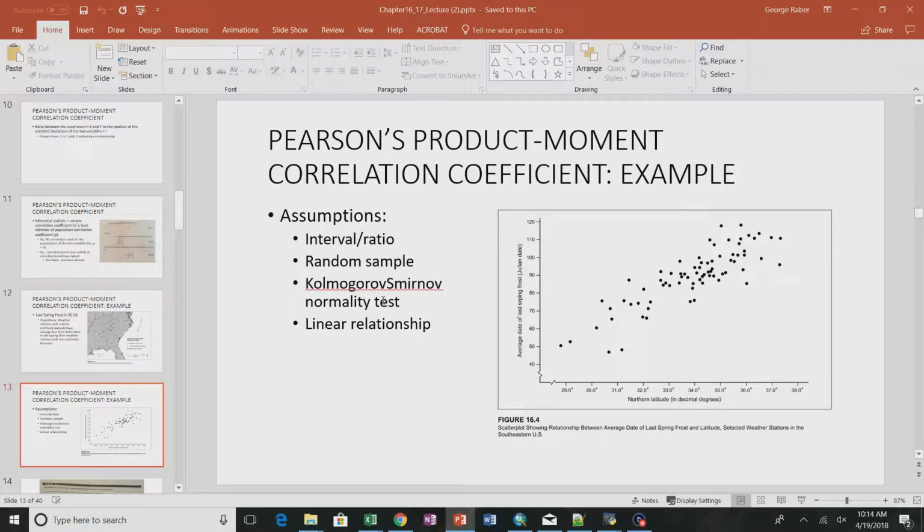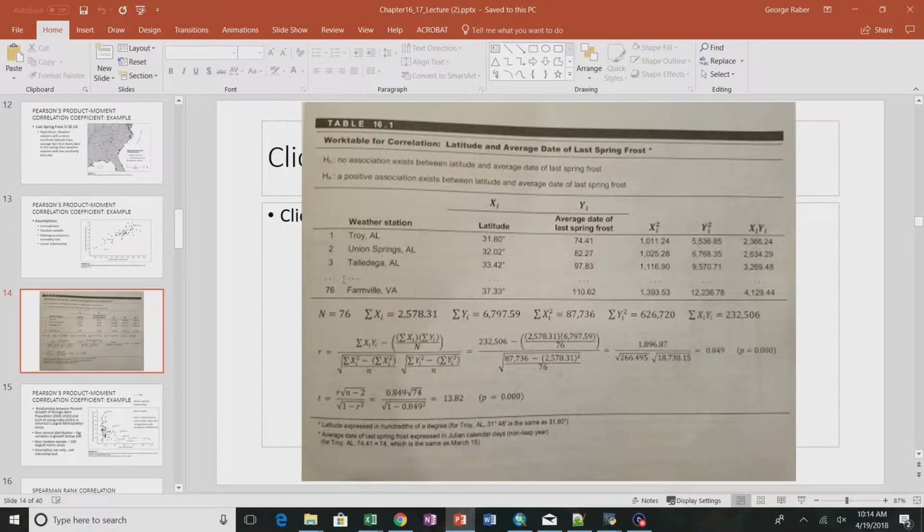We talked about it a little bit, but we actually didn't demonstrate it. But the KS normality test, we talked about that before. So here's a work table. Even the book author says that this sort of value is rarely calculated. But if you wanted to go through and do it once by hand, you could. That's definitely not required in this course.